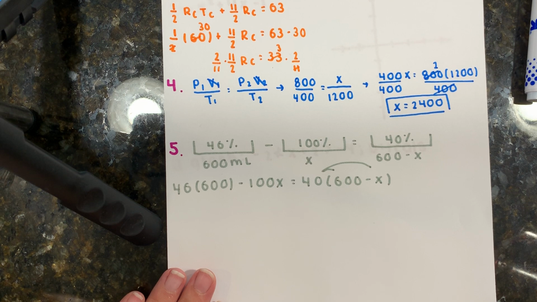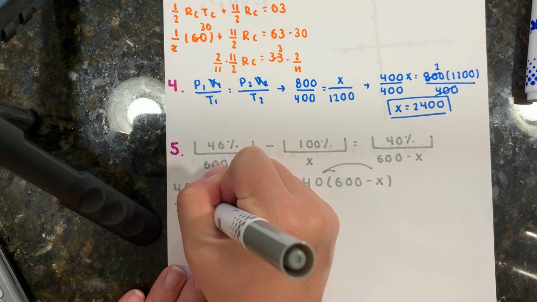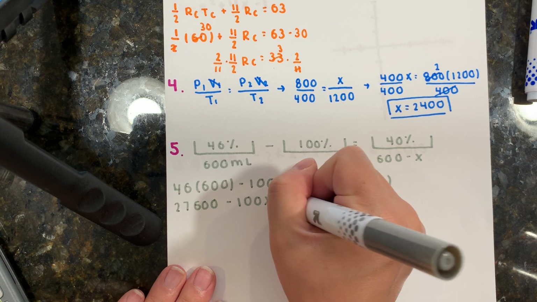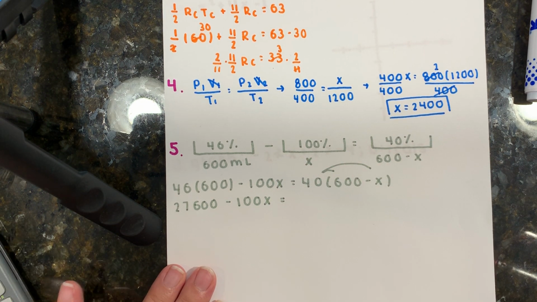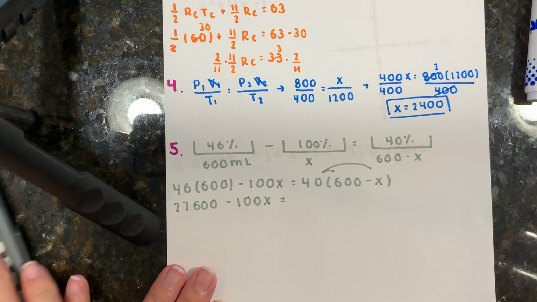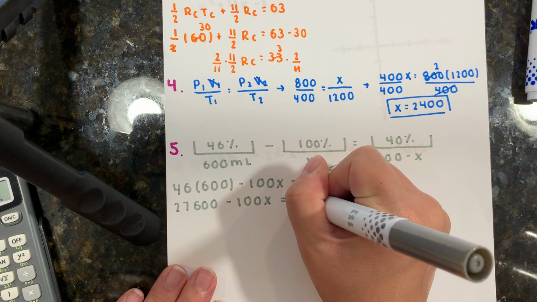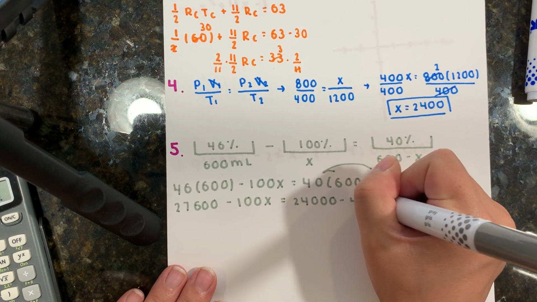So 46 times 600 would be 27,600, minus 100X, equals 40 times 600, which is 24,000, minus 40X.